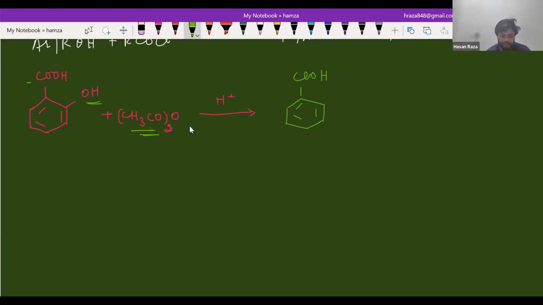This part will react with this OH, and you will get a functional group, OCOCH3.